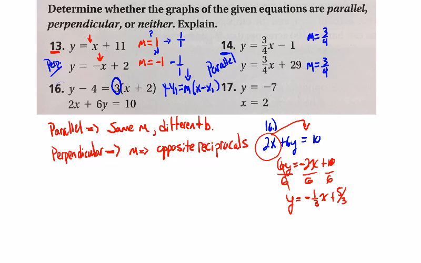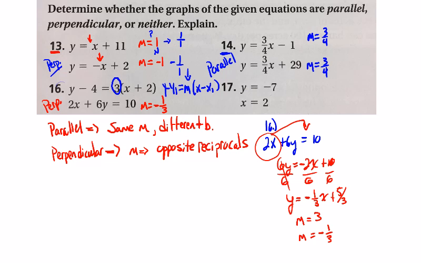And what we can see here is our slope for the second equation is negative 1/3. So is negative 1/3 the opposite reciprocal of positive 3? Yes, they are opposite reciprocals of each other. One slope is positive 3 and the other slope is negative 1/3. They are opposite reciprocals of each other, therefore these lines are perpendicular.